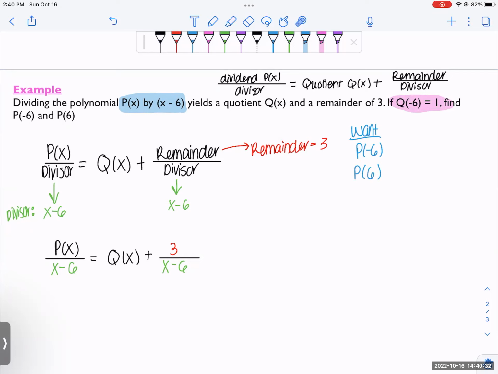So what can we do with this? With a divisor of x minus 6, a remainder of 3, and knowledge that q of negative 6 is equal to 1, what can we do? We look back up here.